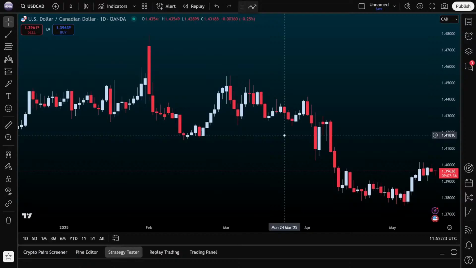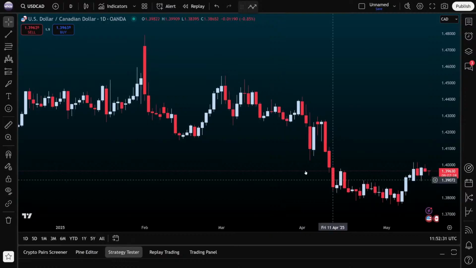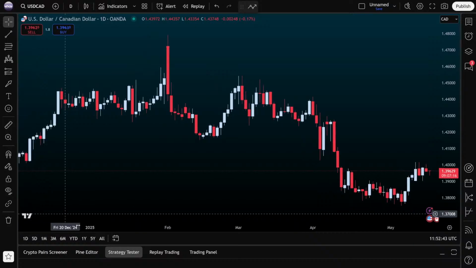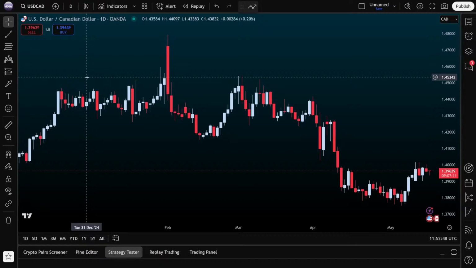It's showing me that the price is declining. Going back to earlier this month, the price was say 144, 145. So the Canadian dollar obviously is getting stronger if you look at the last 6 months to a year.